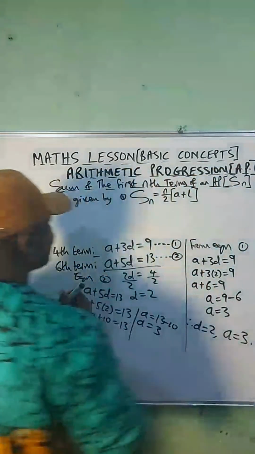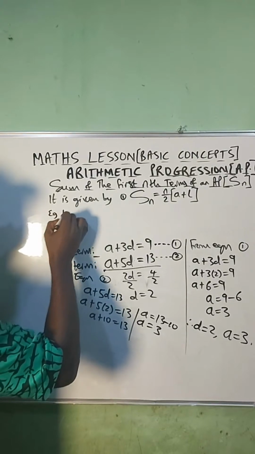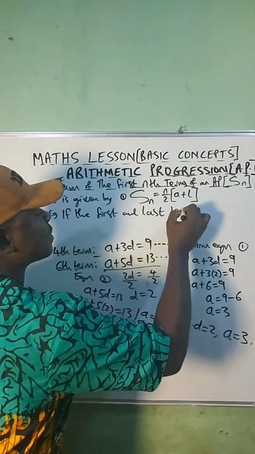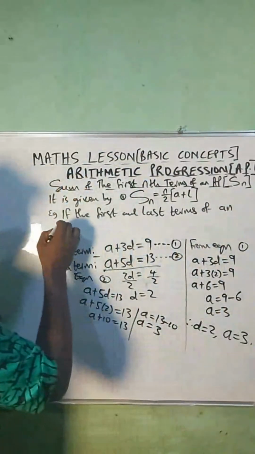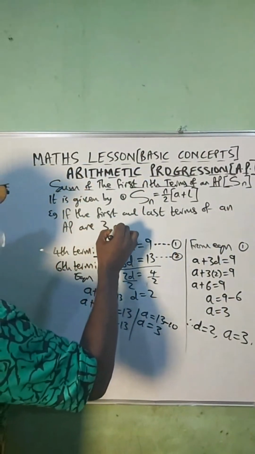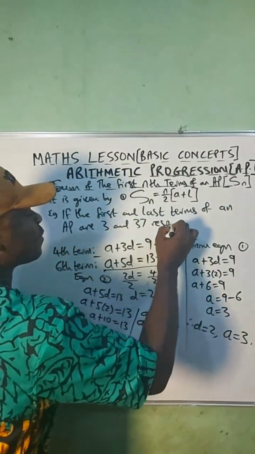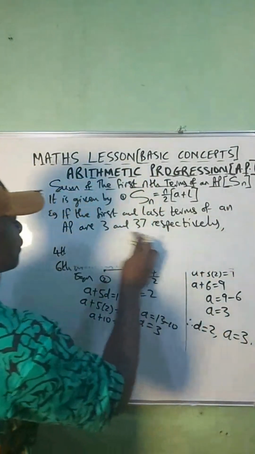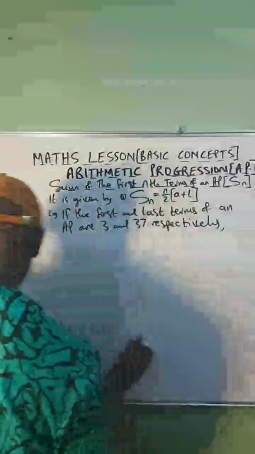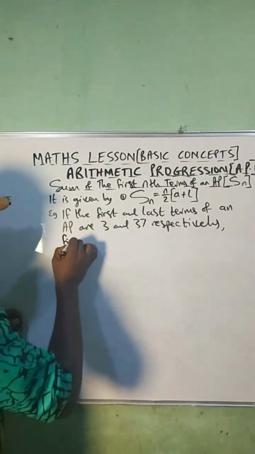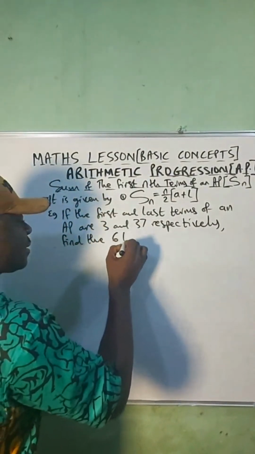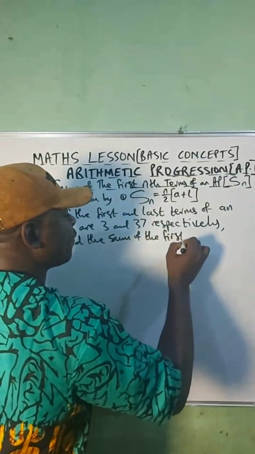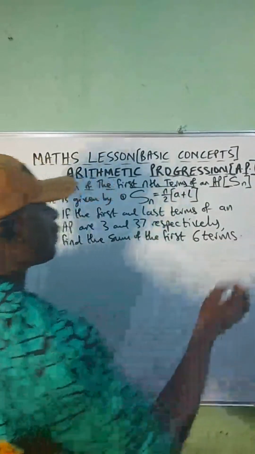For example, if the first and last terms of an AP are 3 and 37 respectively, find the sum of the first 6 terms.